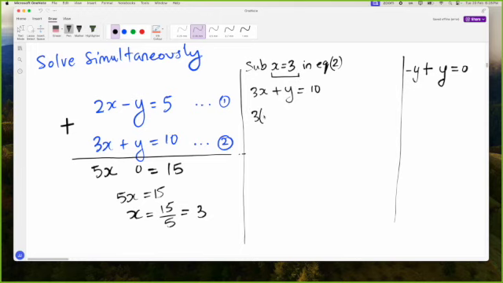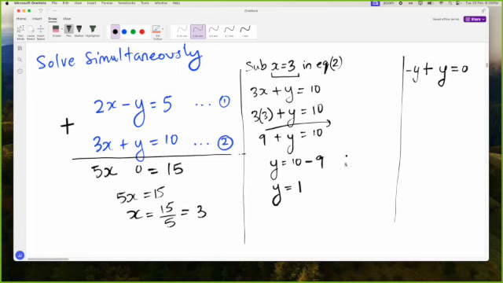So 3x, which is 3, plus y is equal to 10. 3 3s are 9 plus y is equal to 10. You throw the 9 across, you'll get y is equal to 10 minus 9. Y is equal to 1. Therefore, when x is 3, y is 1. That means that if you draw these two on a graph, they will intersect at the point 3, 1.